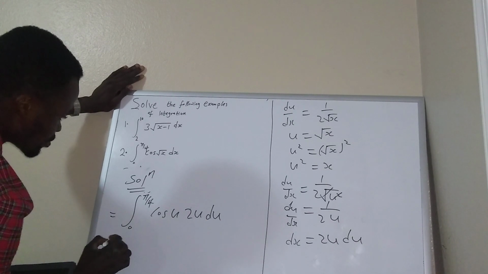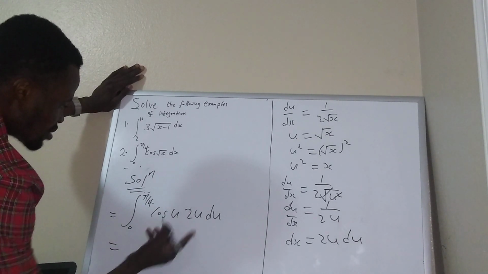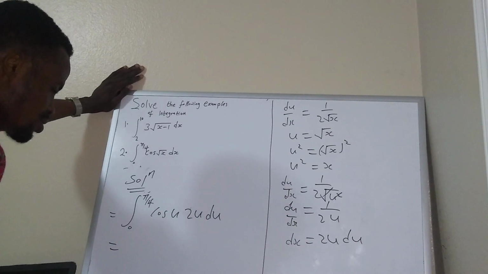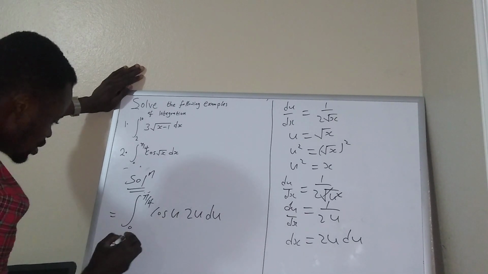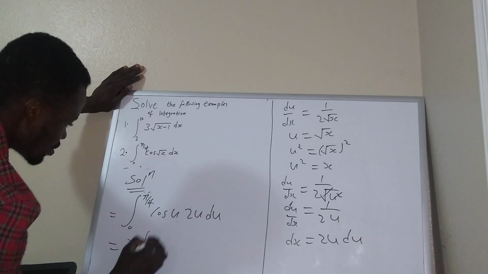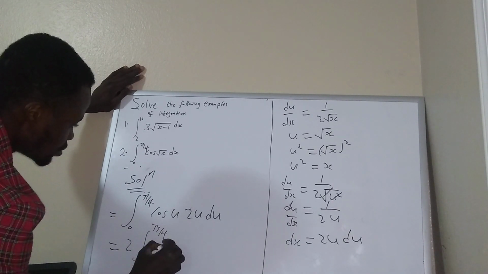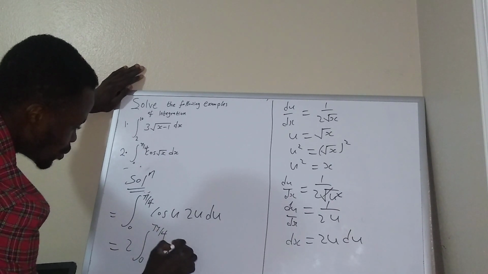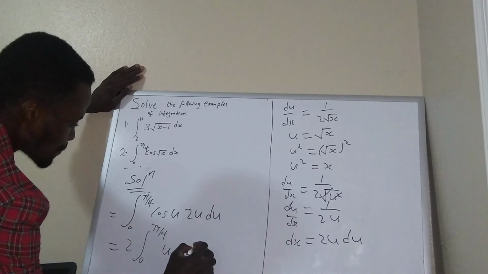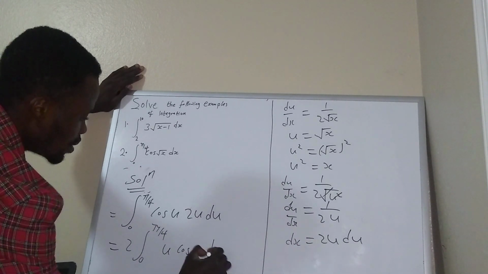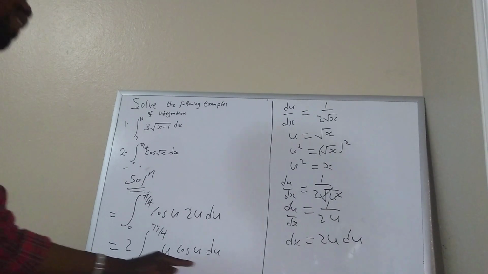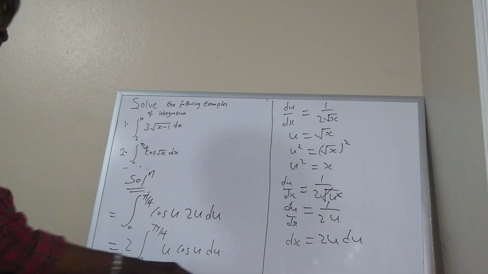Now 2 is a constant, so we can bring 2 out. So this equation you can write as 2 times the integral from 0 to pi on 4 of u cos u du. So now we can apply integration by parts on this.